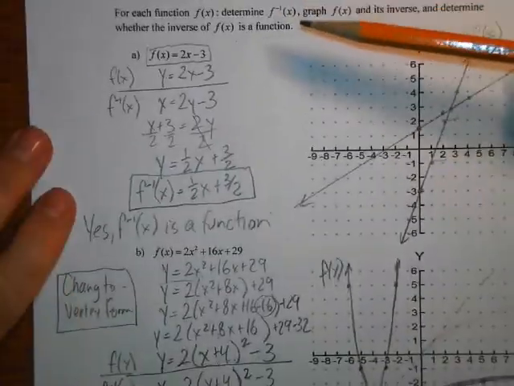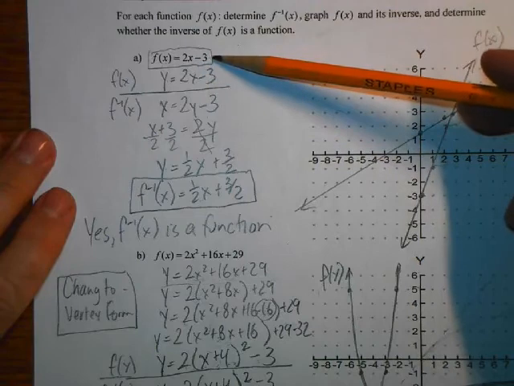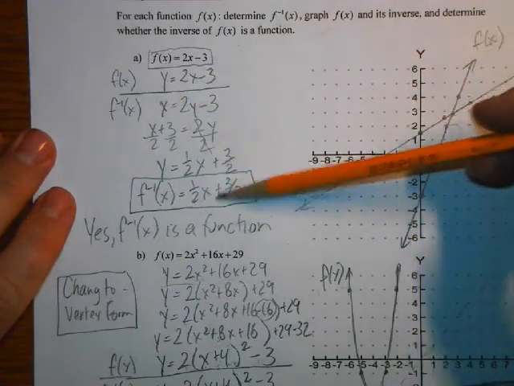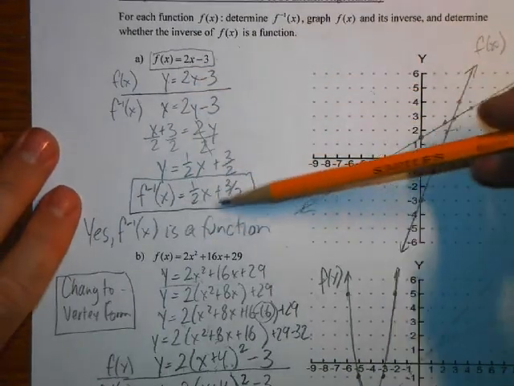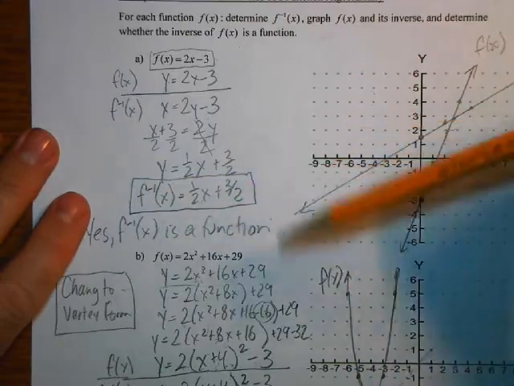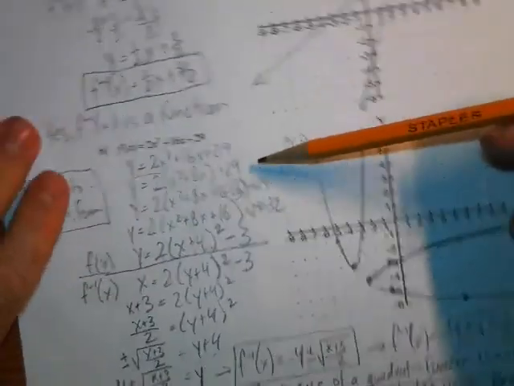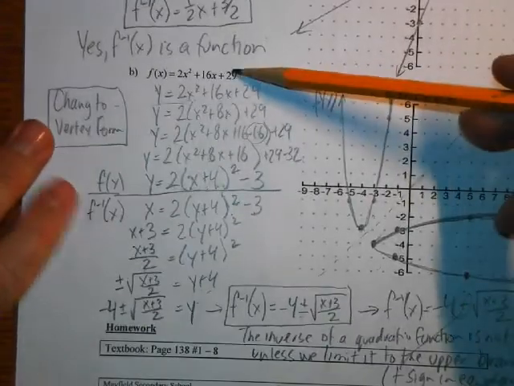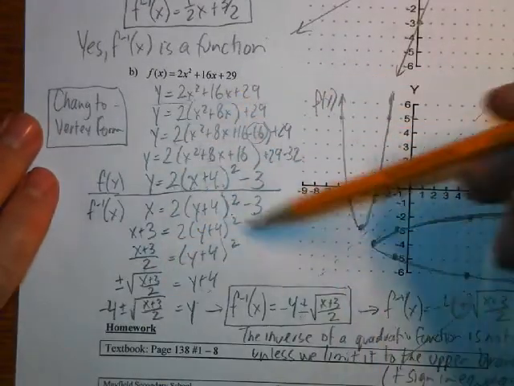So you basically have a procedure now where you could take any linear function and find the equation of its inverse function, or if you had a quadratic function, how to change that into its inverse function.